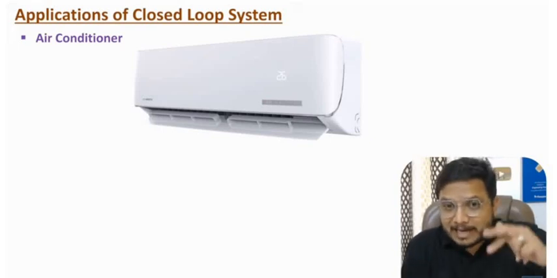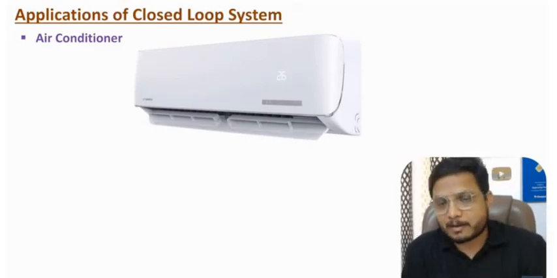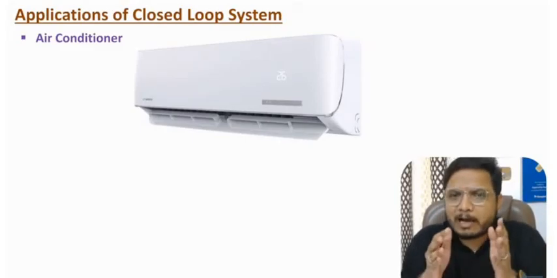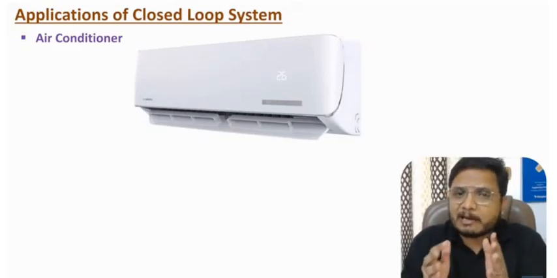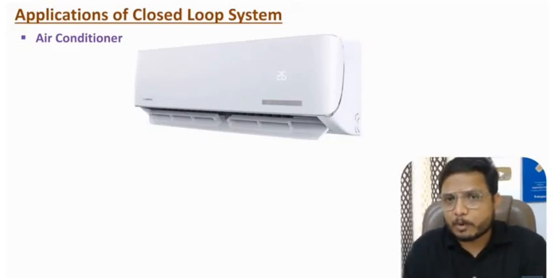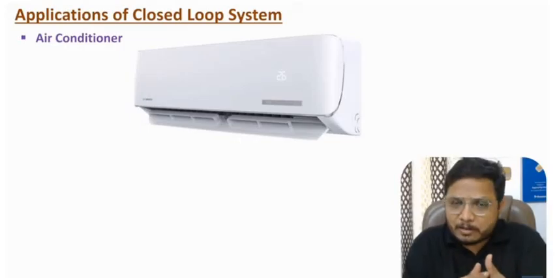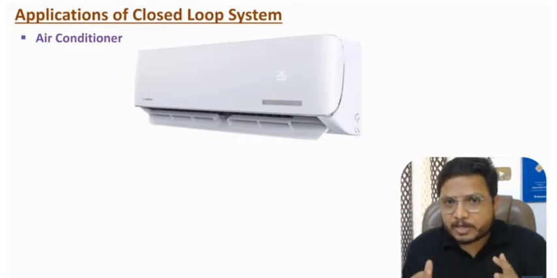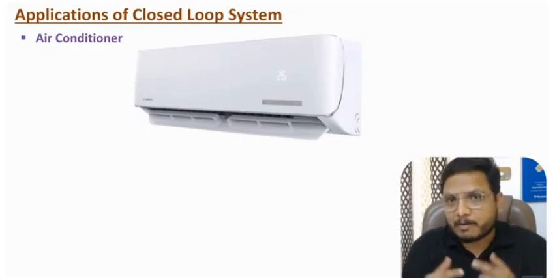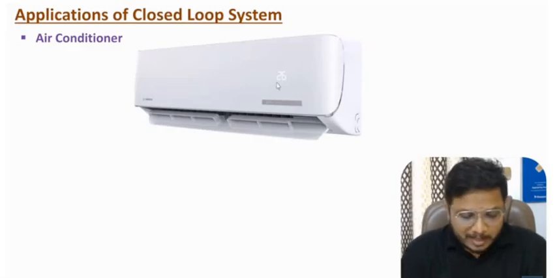By turning on and off automatically, it is saving power, right? So nowadays the inverter ACs that we use in 2024 save power based on turn on and turn off operation. That is because of the closed loop system.